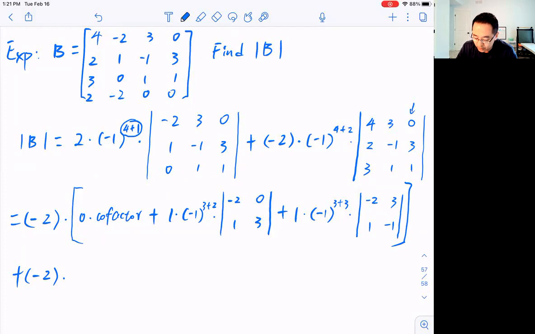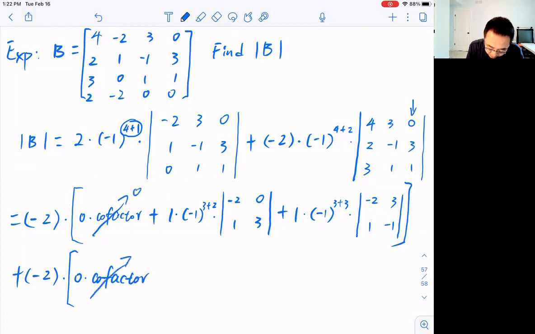So in this case, you can choose to do either the first row or the third column. We haven't done a column, so let's do a column. I'm going to use this third column. So -2 times the first element, which is 0 times this cofactor. I'm going to leave that there because both of these will just go to 0. So there's nothing I need to do.